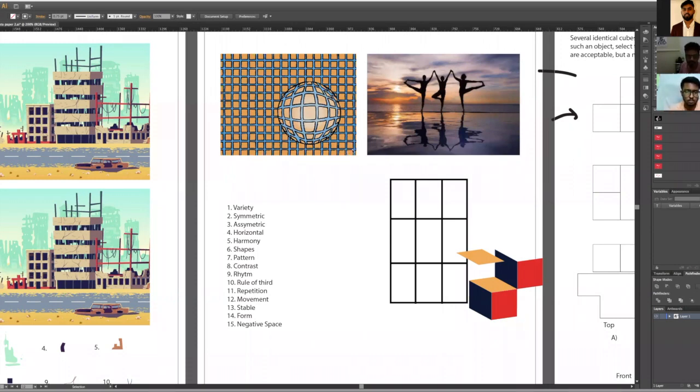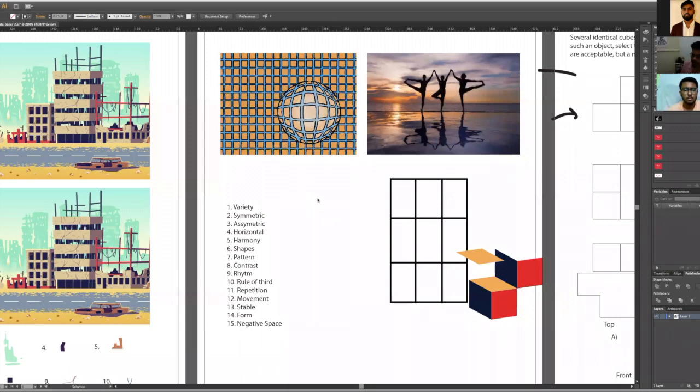Sir, explain harmony. Okay, harmony is like an orchestra. Everyone knows an orchestra. In an orchestra we have different kinds of instruments, but when we listen to the output, it becomes a harmony.